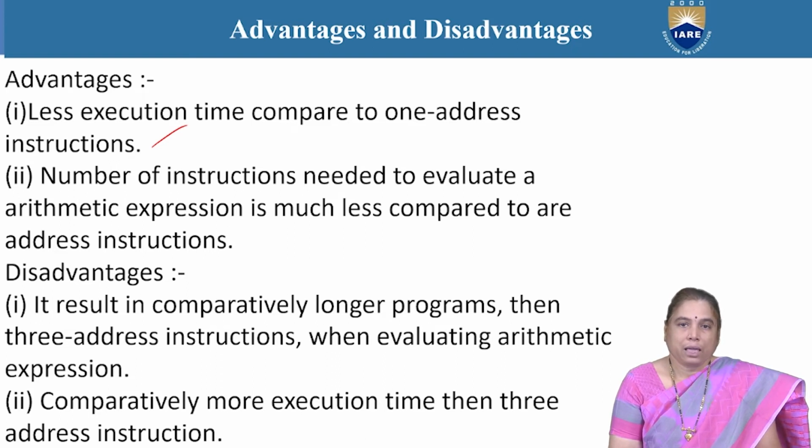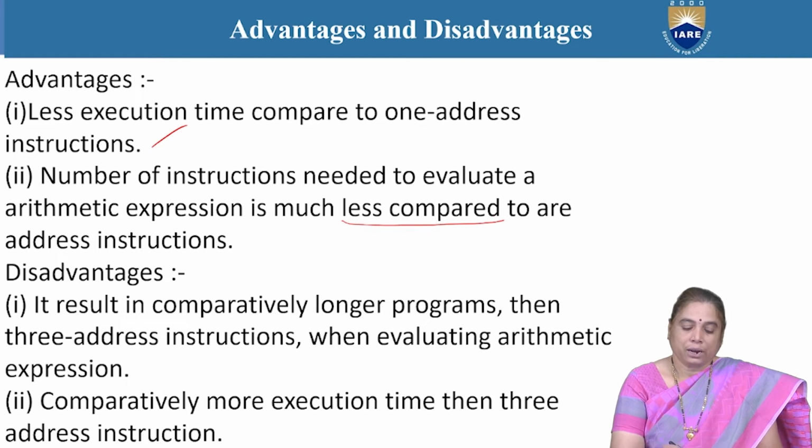Two operands are available, so less execution time is needed. The number of instructions needed to evaluate an arithmetic expression is much less compared to one address and zero address instructions.